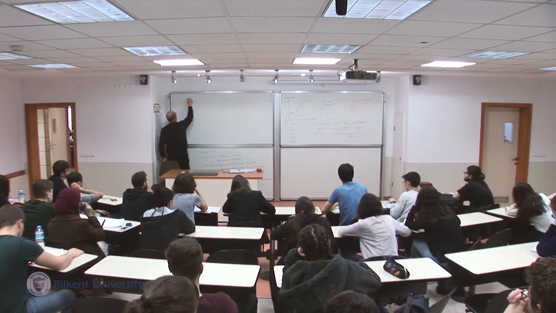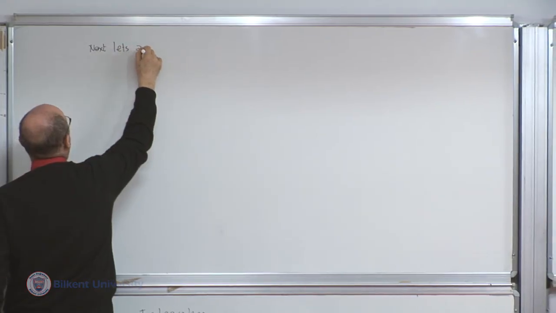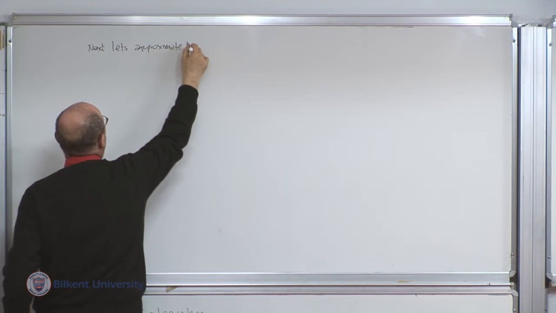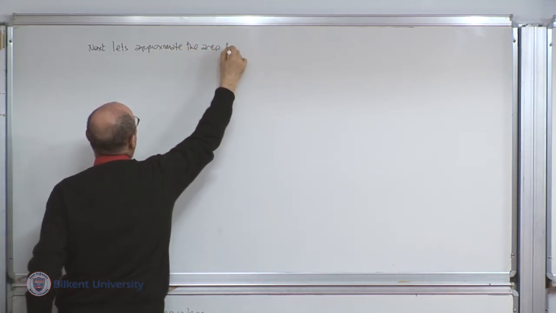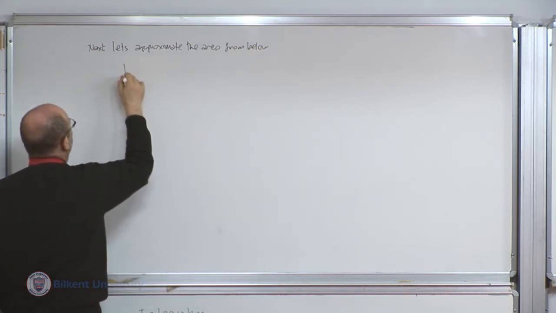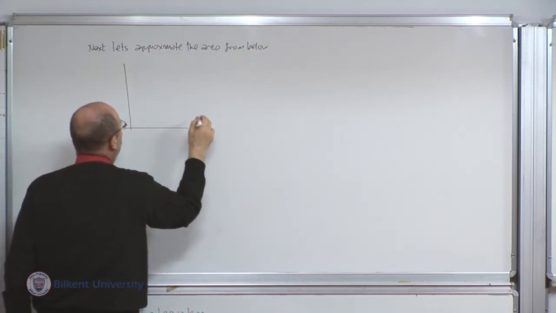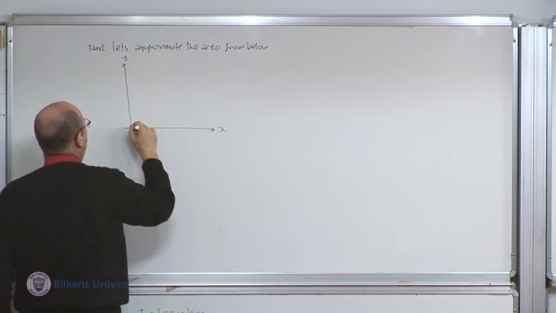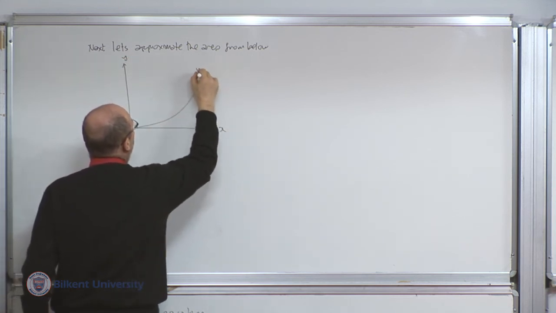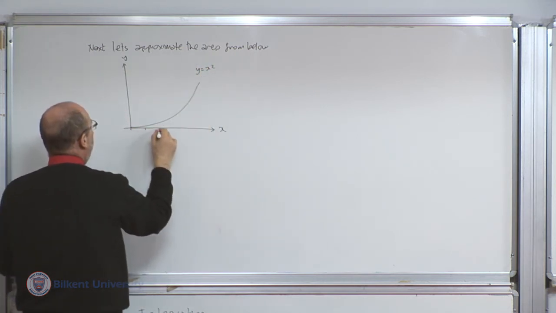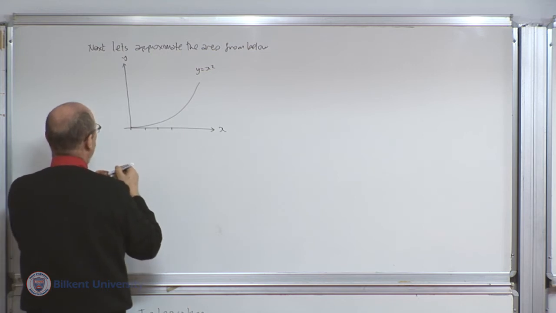Next, let's approximate the area from below. So the picture is something like this again. We have y equals x squared, and again we have these points.